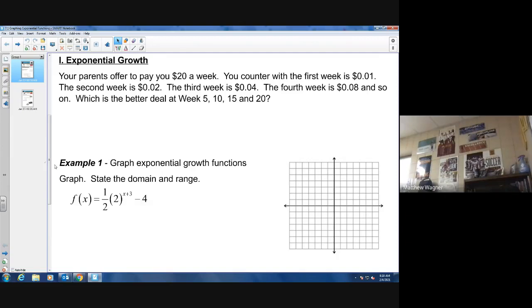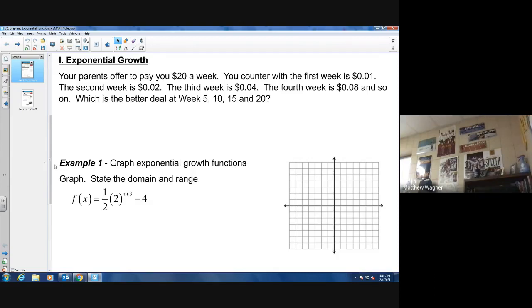Well, obviously in the short term, you guys can look at the completed notes here. I actually posted the entire table worked out. So at week 5, you have $20 from your parents, which would be a total of $100. At week 5, for the second option you proposed, you would be given 16 cents, which would have been a total of 31 cents.